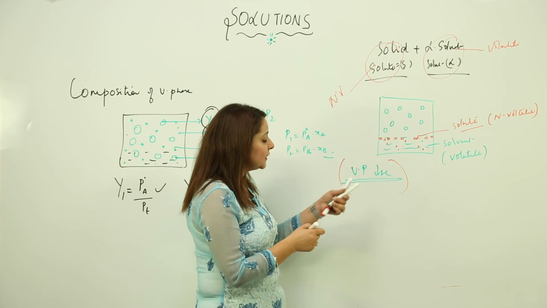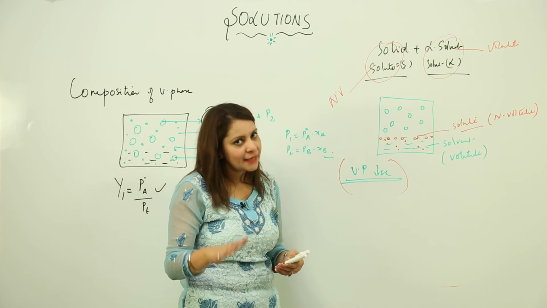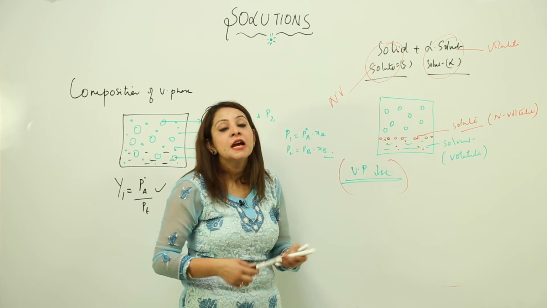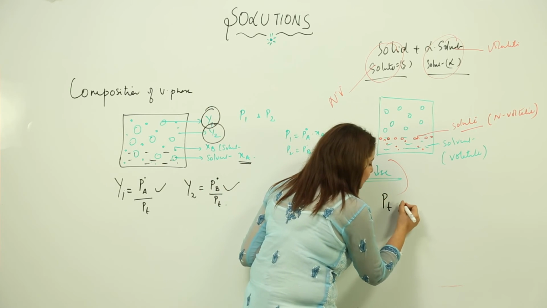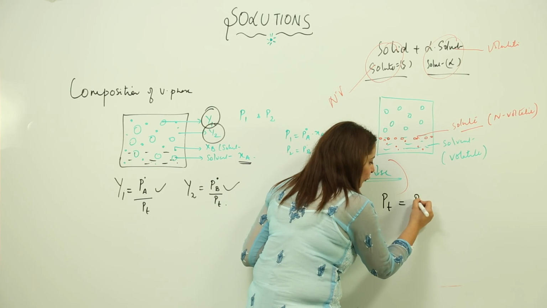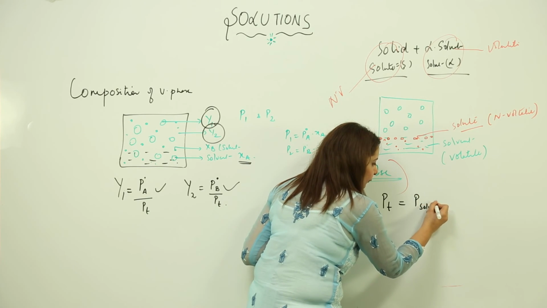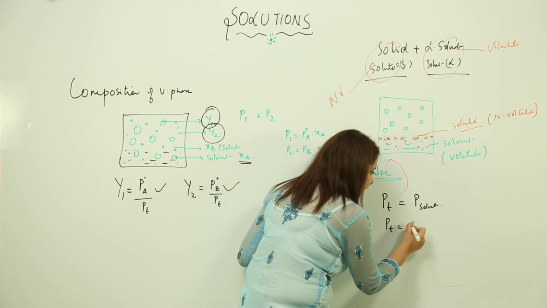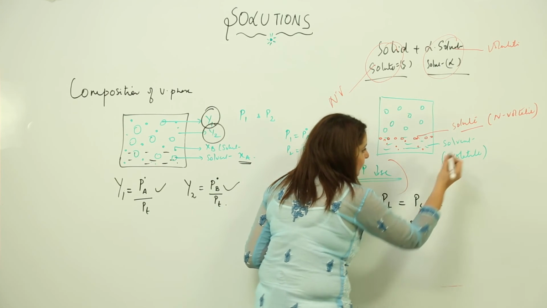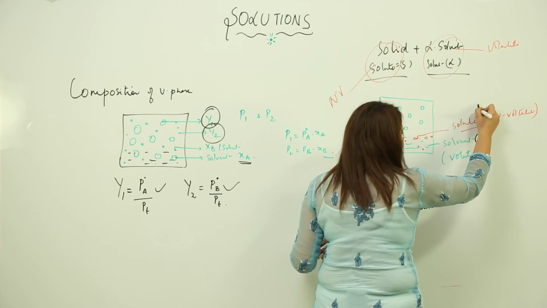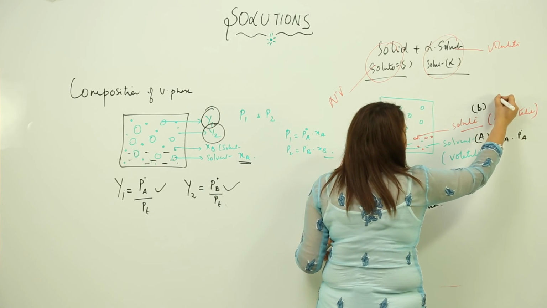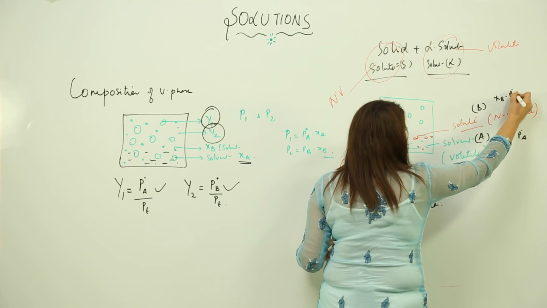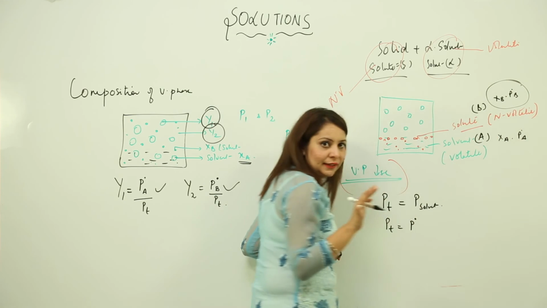Now that means here we will have a vapor pressure, but the total pressure will be strictly due to the pressure of the solvent. Let us say the solvent is A and the solute is B. So it is XA P naught A, and similarly XB P naught B, but the solute is not volatile, as I told you.